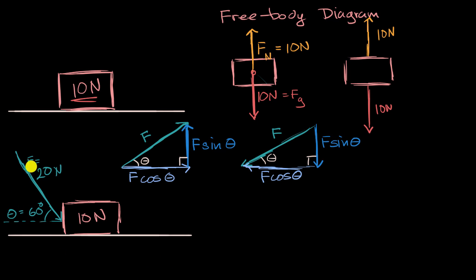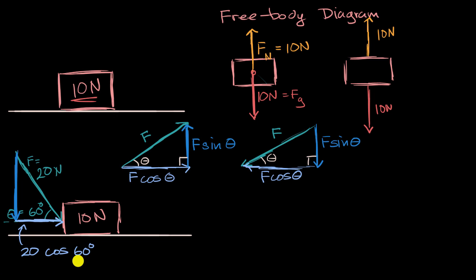And so what about this scenario over here? Well, in this scenario, our vertical component is going to look like this. And our horizontal component is going to look like this. And so what's the magnitude of our horizontal component? Well, it's going to be the magnitude of our hypotenuse times the cosine of the 60 degrees. So this is going to be 20 newtons times the cosine of 60 degrees.